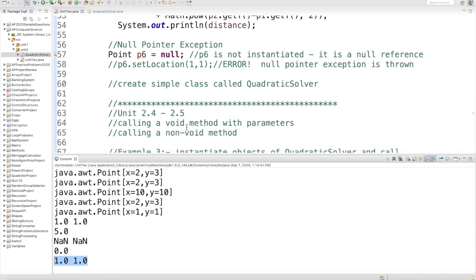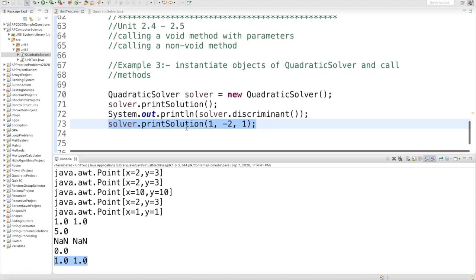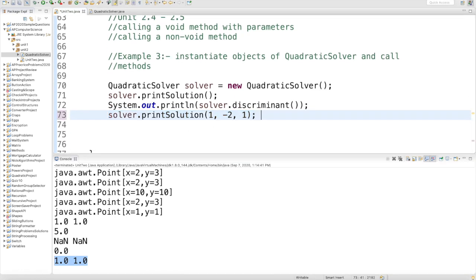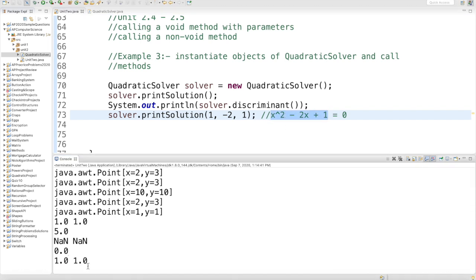Now I don't know if you recognize, but I just did what is called a perfect square trinomial. This was actually x squared minus 2x plus 1 equals 0. If I'm solving this, it factors to x minus 1, x minus 1, and so the two answers are 1, 1.